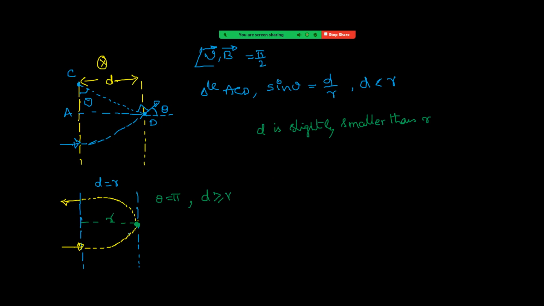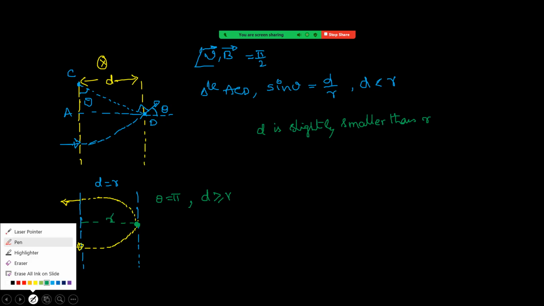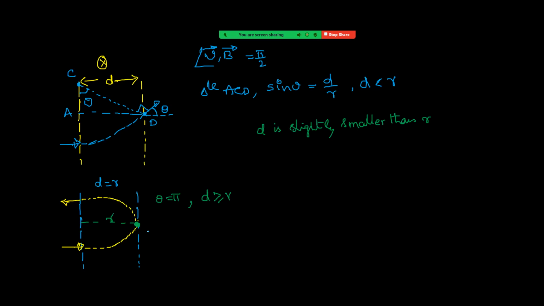When it completes one-fourth revolution, at that point there is no magnetic field. That means no magnetic force. No magnetic force means at this instant the velocity vector is like this. Since d is slightly smaller than R, at this point there is no magnetic field, therefore no magnetic force. Therefore it continues to move like this only. That means in this case the deviation will be 90.